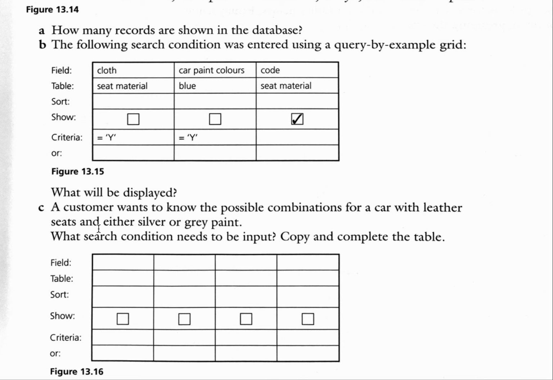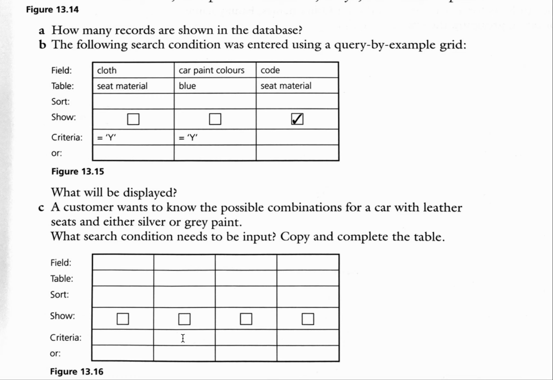And then silver or gray paint. The next field is car paint colors. So you would type in car paint colors here, and since there's more than one color, silver would be here, and then car paint color again, and then gray here.